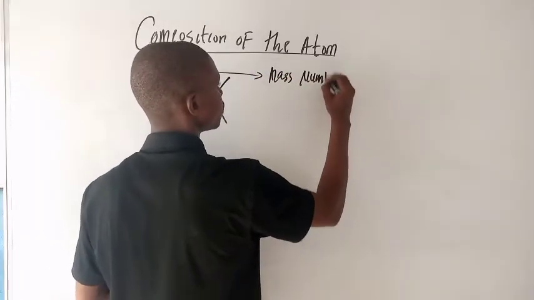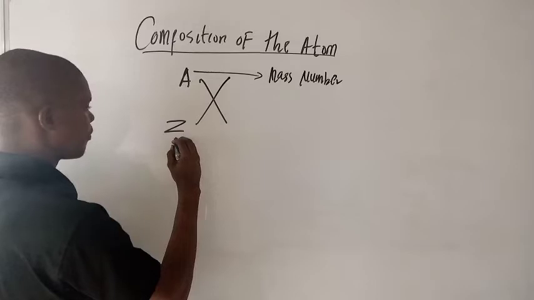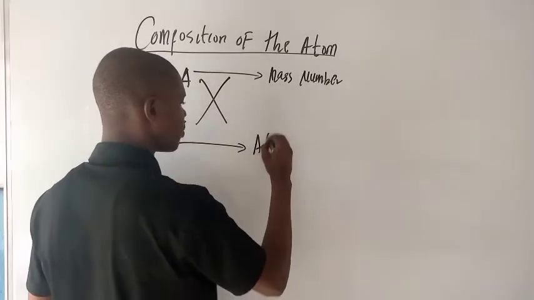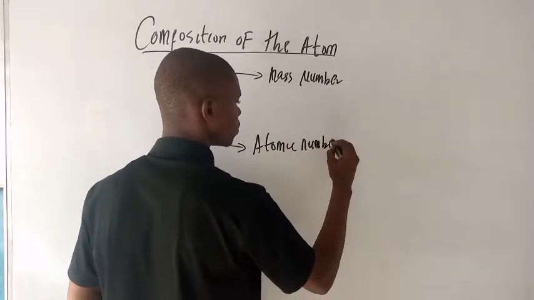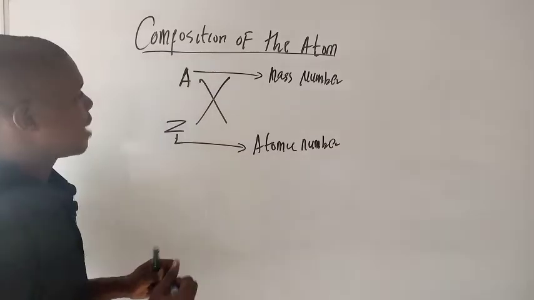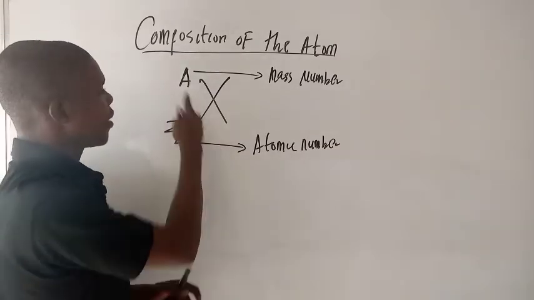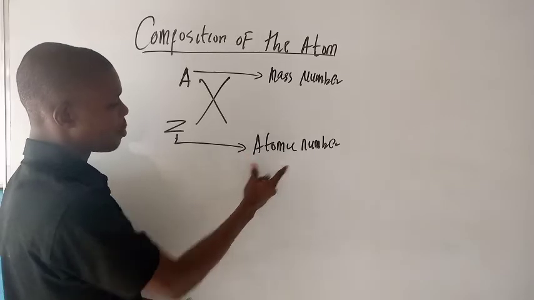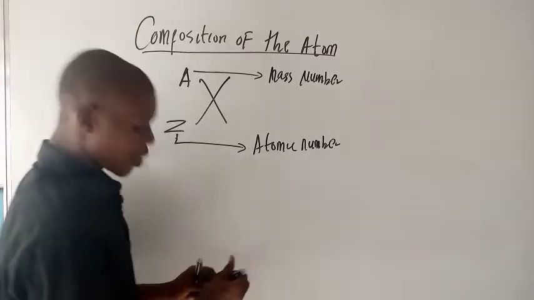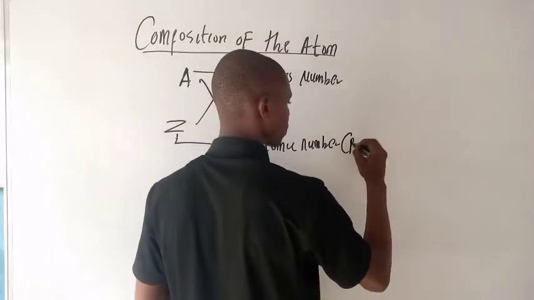Then this one is called the atomic number. Whenever an element is given to you, here is always the mass number, and Z is the atomic number. The atomic number is also known as the proton number.